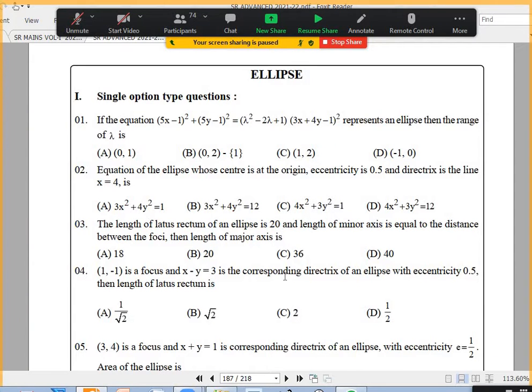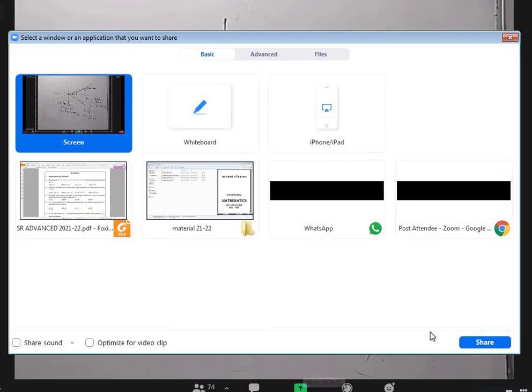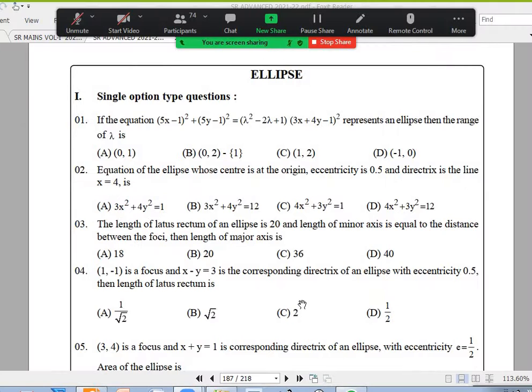Okay. I think I discussed some odd numbers of ellipse, but still, do you want me to do these 5 questions? Any doubts like that, or anybody already has numbers you want to ask? Okay, ellipse single answer questions, first 5.